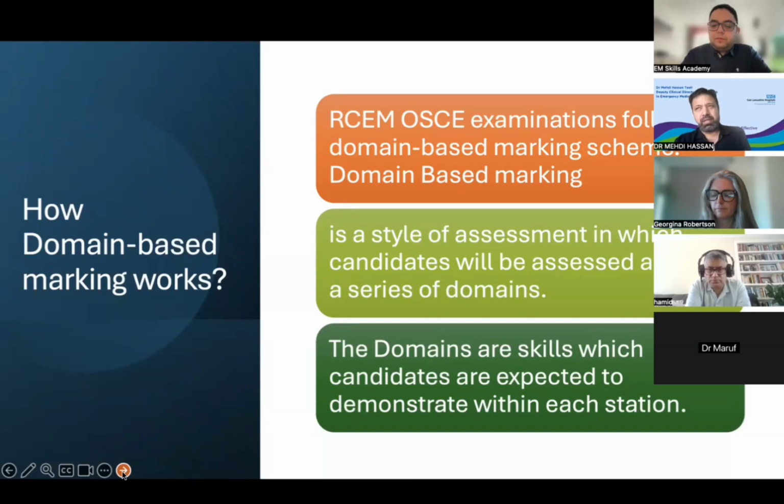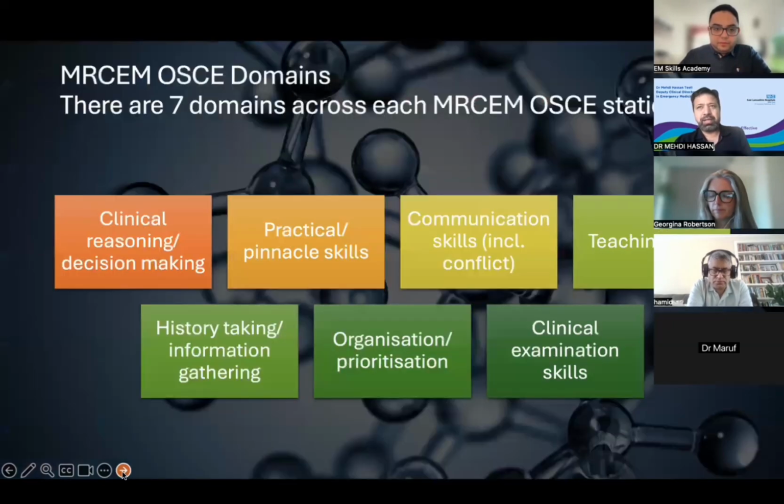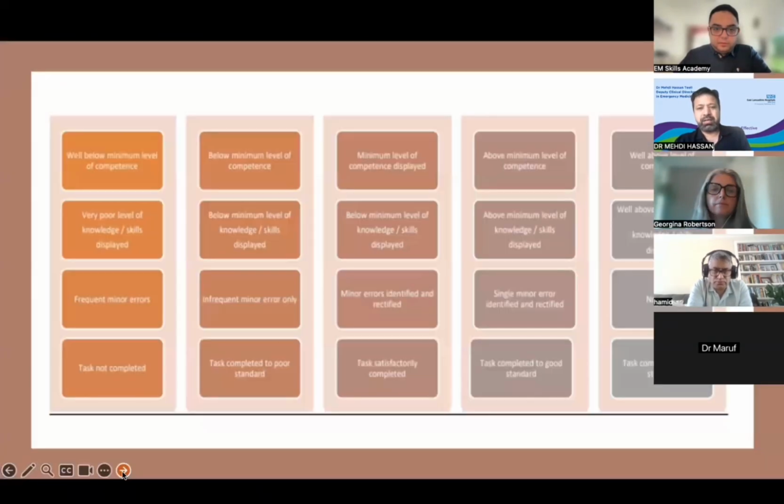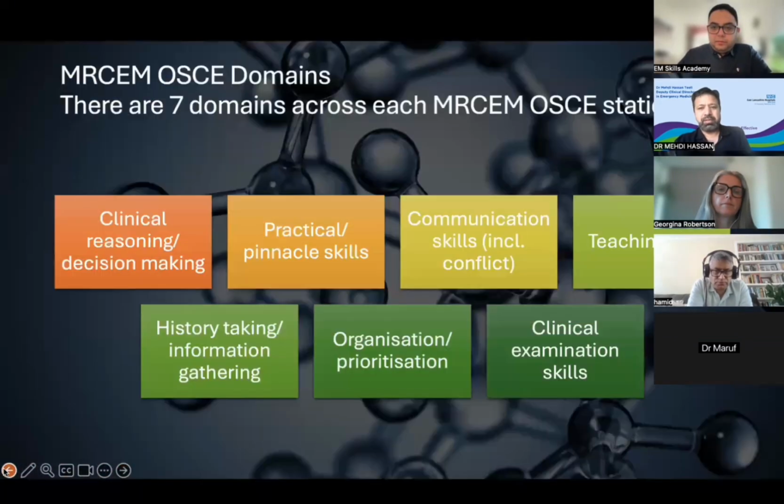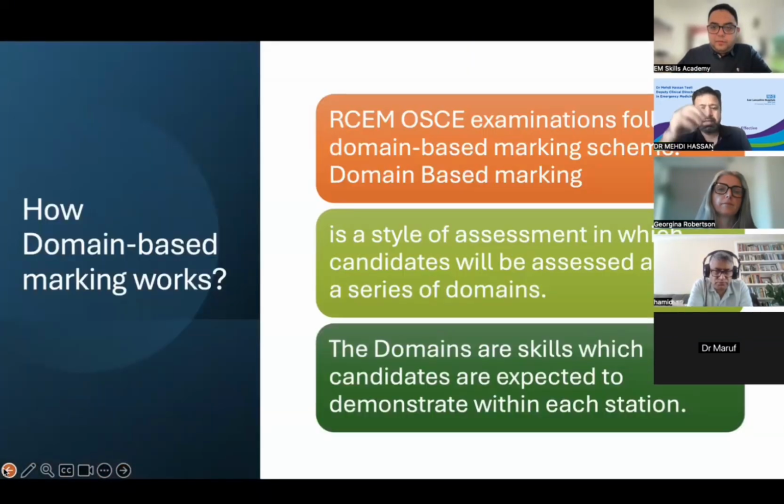Normally, each station will have a couple of domains to be tested. If you look at the pie chart, it will have 2, 3, or 4 sections. Those are the domains we check in the exam.